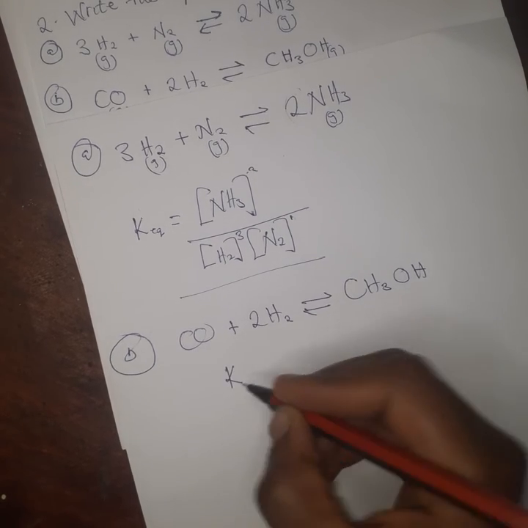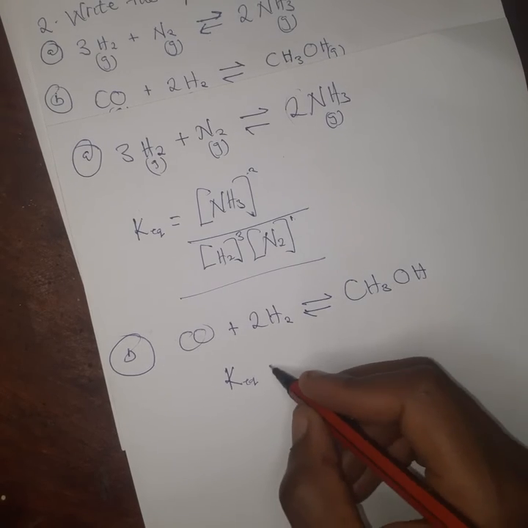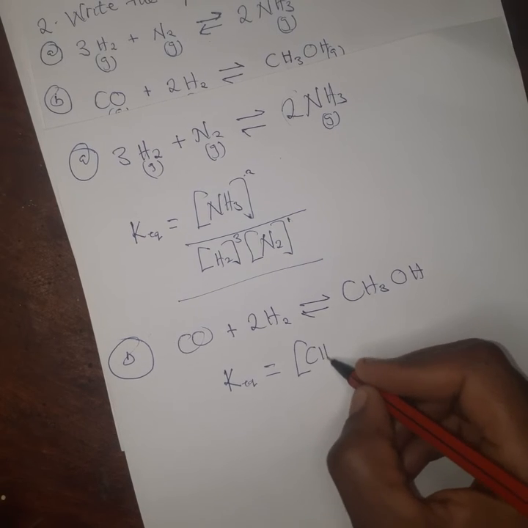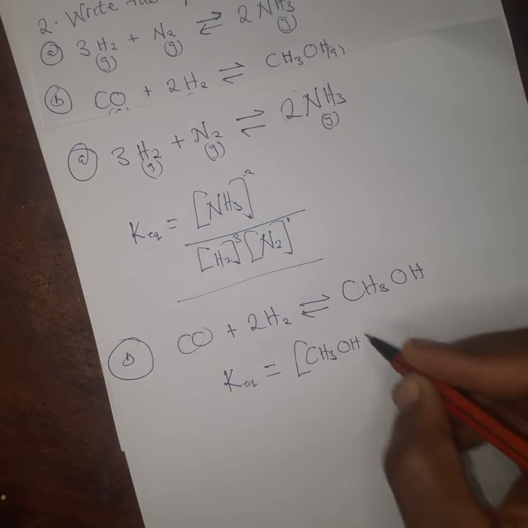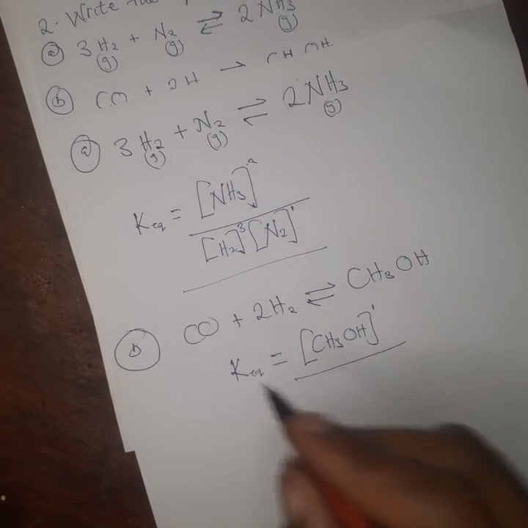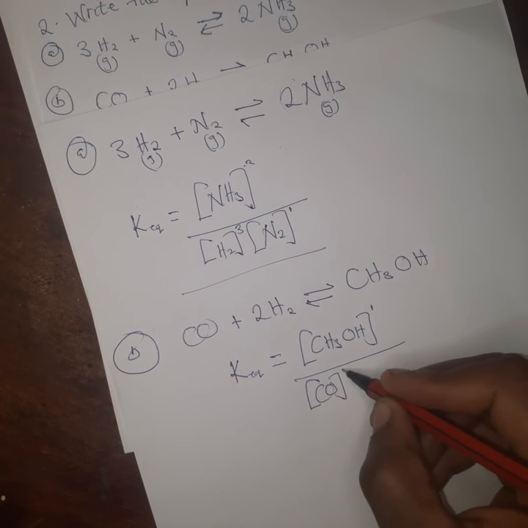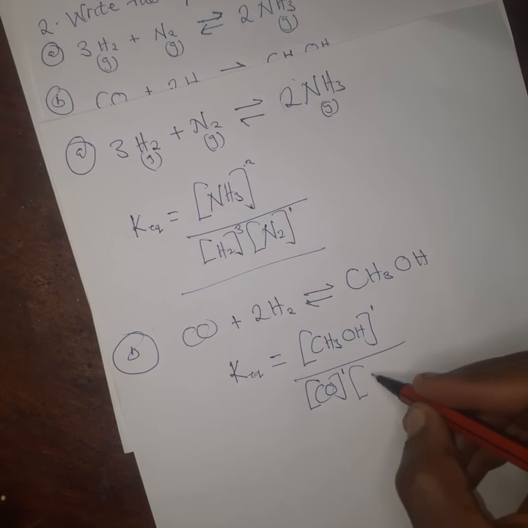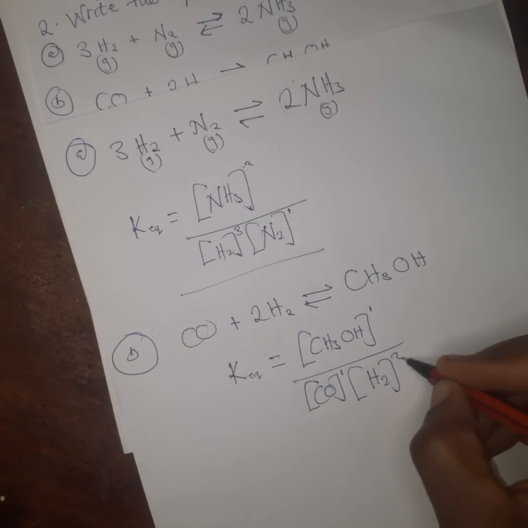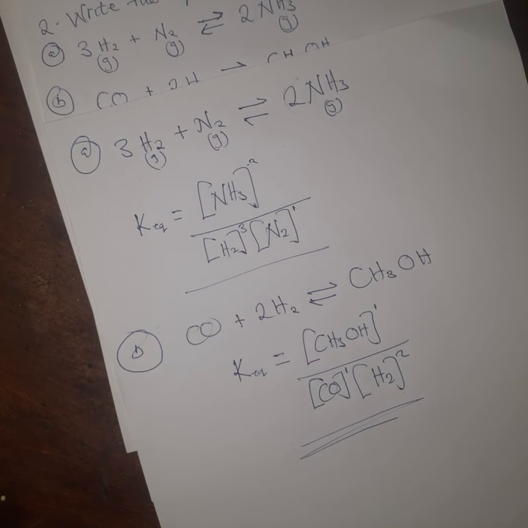The equilibrium constant is equal to the product, which is [CH3OH] to the power 1, over the reactants, square bracket open, [CO] to the power 1 multiplied by [H2] to the power 2. Okay, so this is the equilibrium constant expression for this reaction.